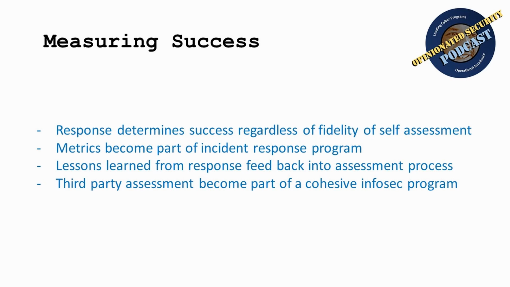And we can take the lessons learned as part of those responses, and we feed those back into the third-party risk assessment program. What didn't we ask? What information is key that we need in order to ensure that we can respond more quickly to a given third-party response? Just because you have a playbook doesn't necessarily mean that it's effective until you actually run through it a couple of times.